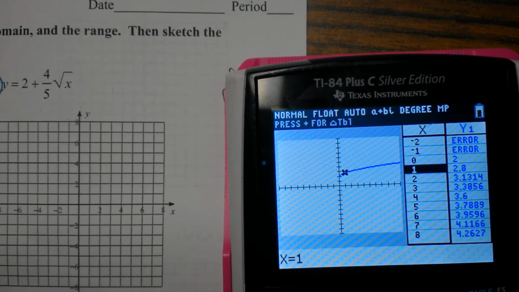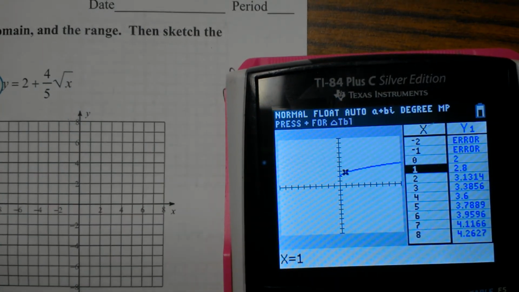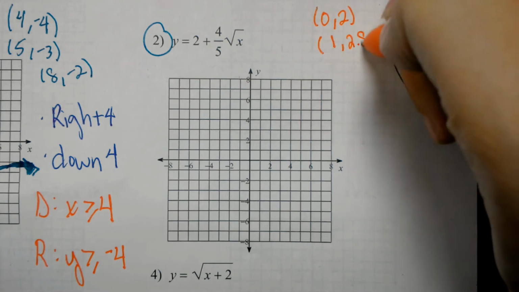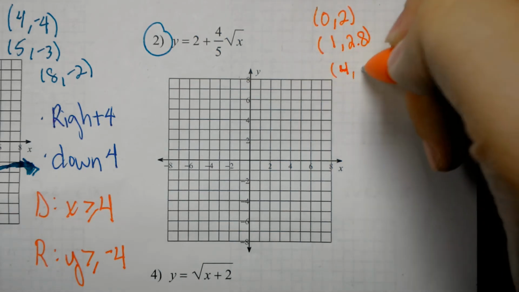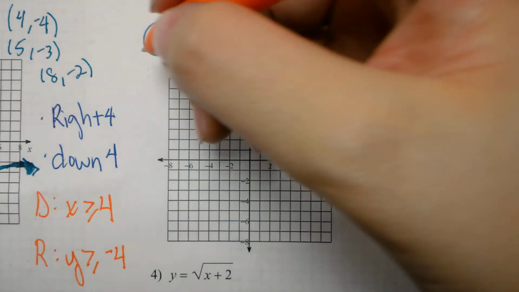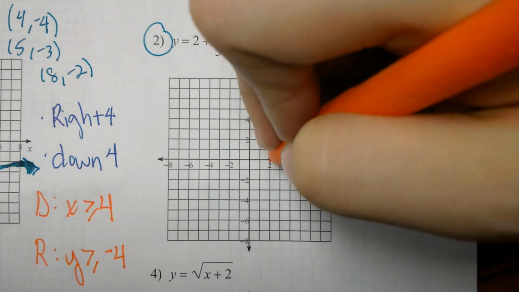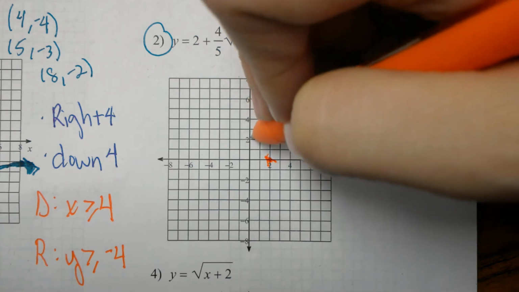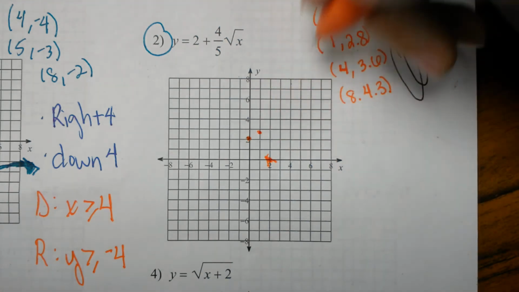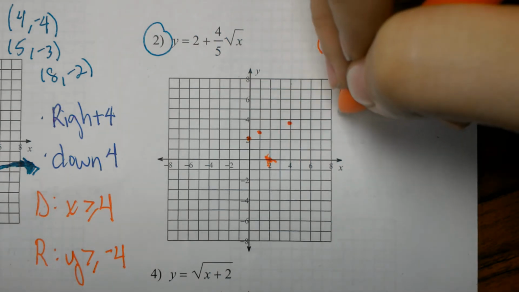And then 8 is going to be right about 4.3. So 0, 2, 1, 2.8, 4, 3.6, and then 8 is right about 4.3.